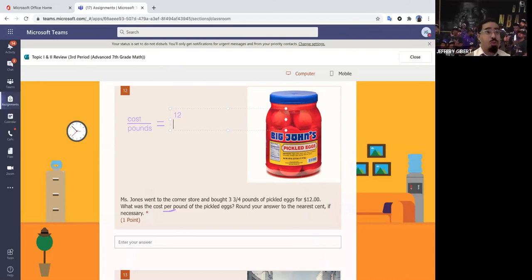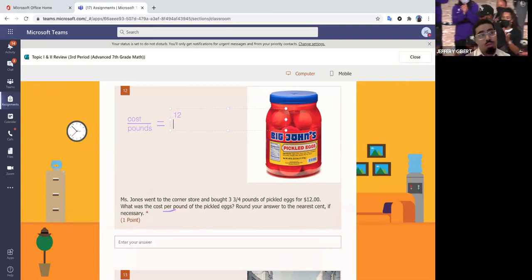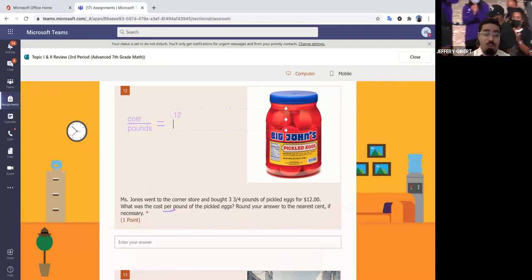Does anybody know what 3/4 is as a decimal? 12? No, 3 times 4 is 12. But to get the decimal, you do 3 divided by 4. 0.75. Yeah, so 3/4 is 0.75.